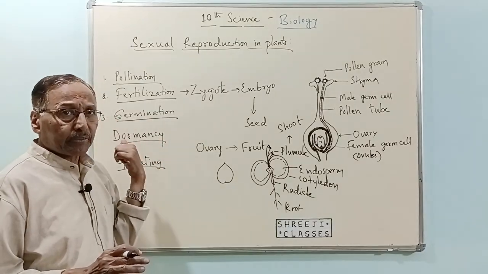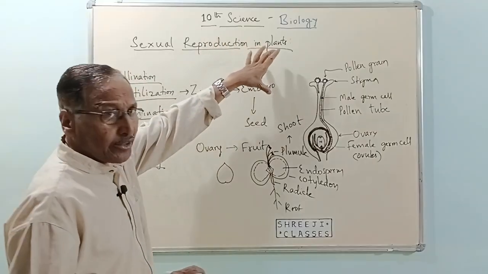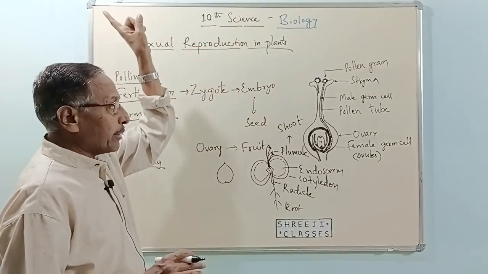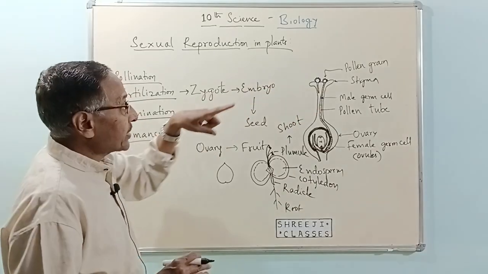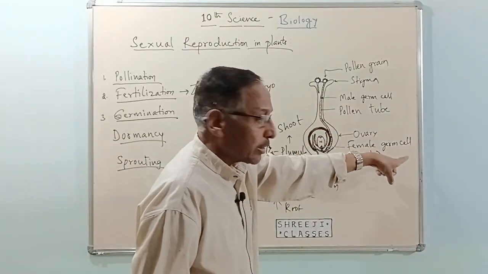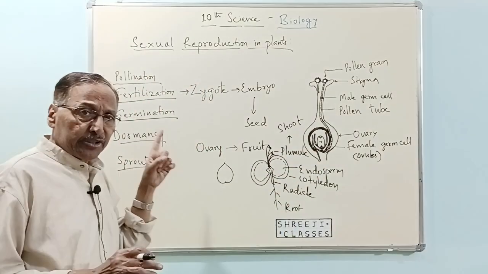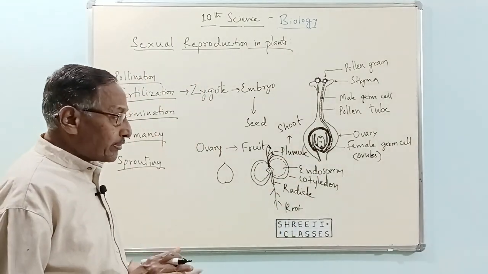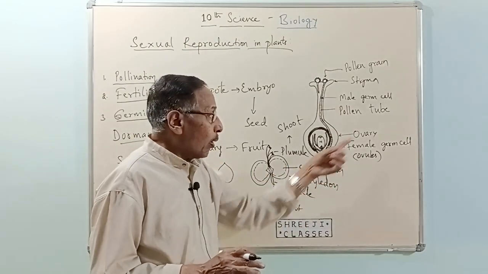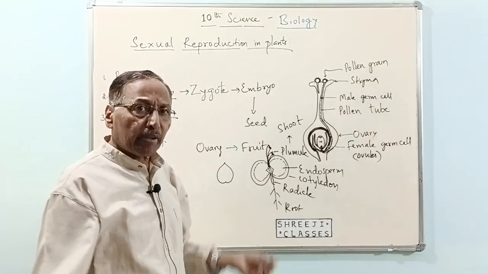a new plant. Right? So there are three stages in the sexual reproduction of plants. First is pollination, that is transfer of pollen from stamens to stigma. Second, fusion of the male germ cell with the female germ cell in the ovary, that is called fertilization. After fertilization, the seeds are formed from the ovules, the ovary forms the fruit, and all the other parts of the flower fall down.